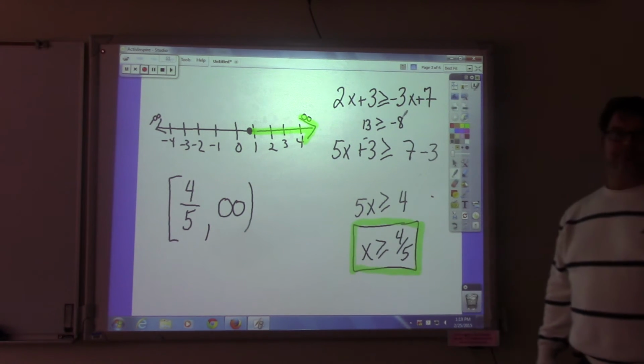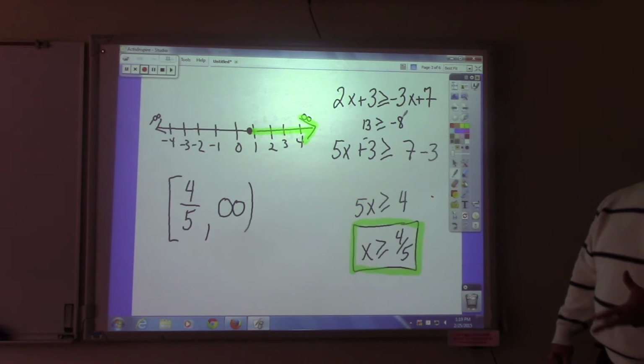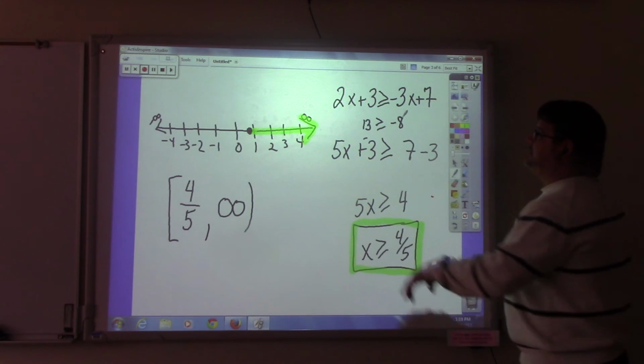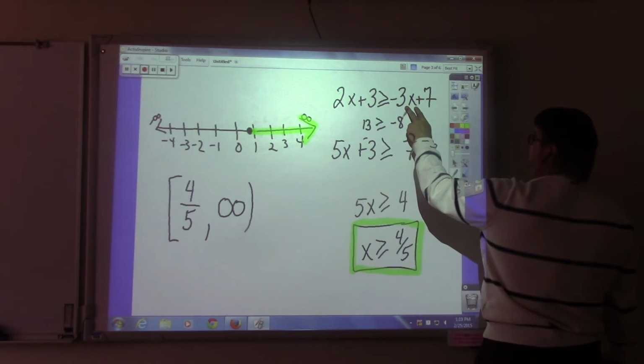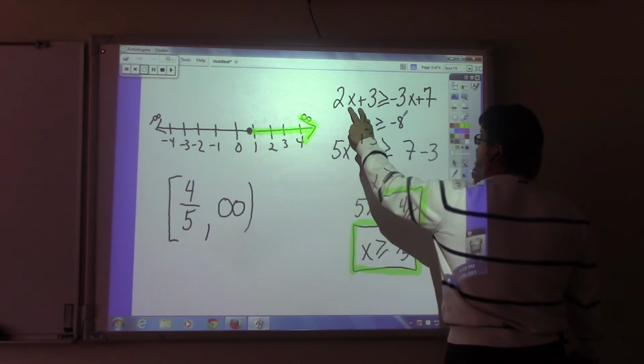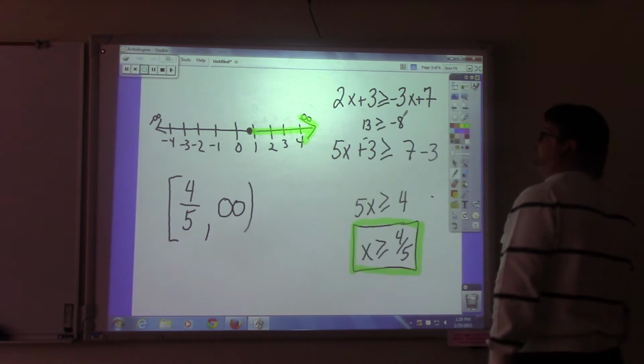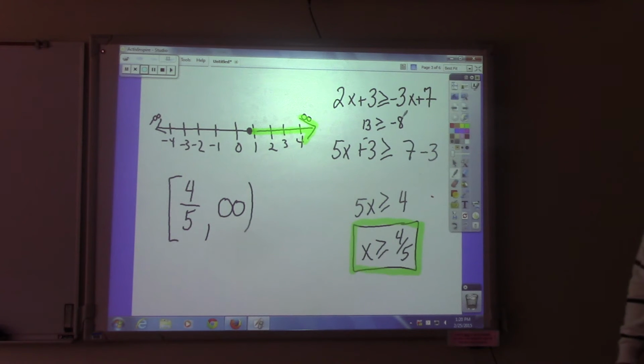Yes. And it'll work all day long. Put in 10. 23. Negative 23. 23 is greater than or equal to negative 23. Whatever the case may be.